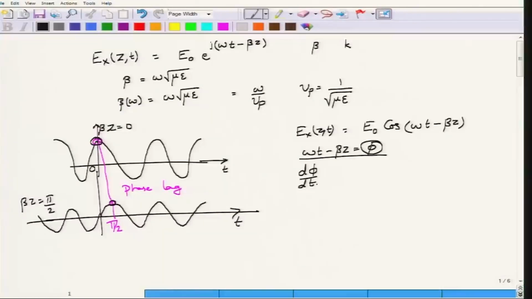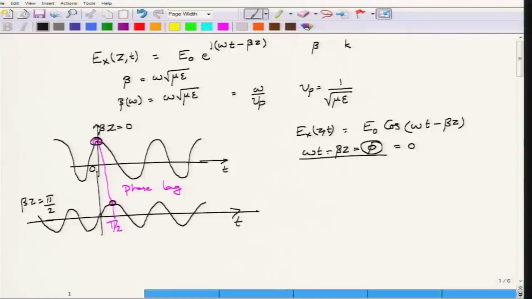So, how would I obtain the phase velocity? Sorry, this is not d phi by dt; the velocity is dz by dt, how quickly this phase point is moving. For simplicity I will take phi equal to 0, which means that I am following the maximum. Since I am following the maximum, I can find the derivative of z with respect to t, which will give me the phase velocity.